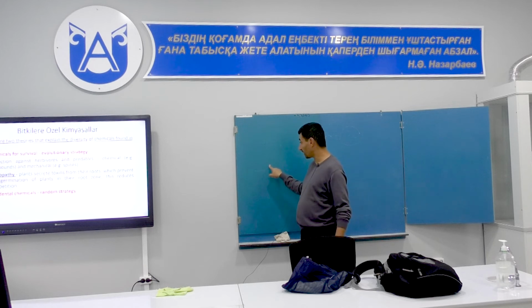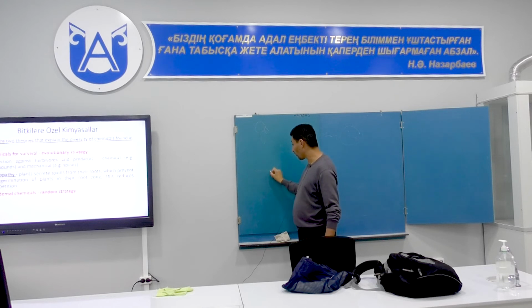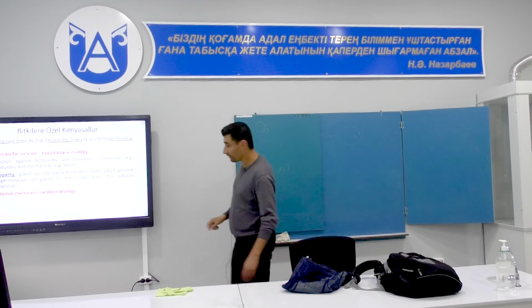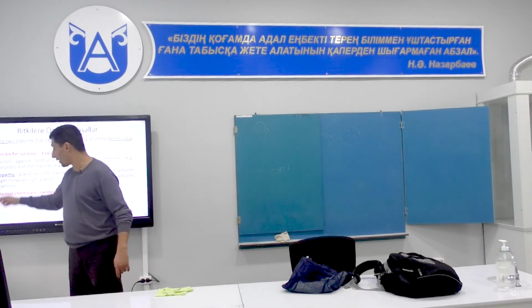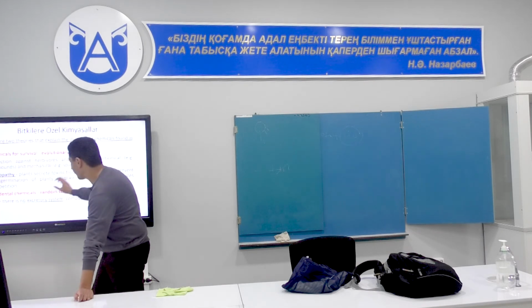They do not have much water and not much sun, okay? They produce some compounds to kill other plants to get more sun and more water, okay? This is called allelopathy.